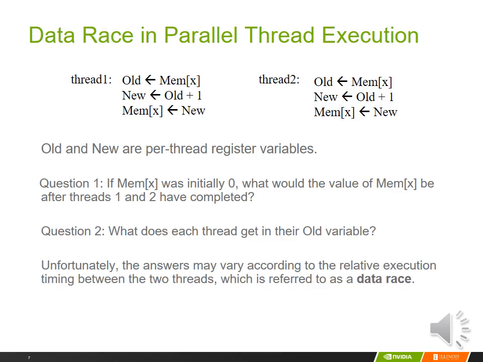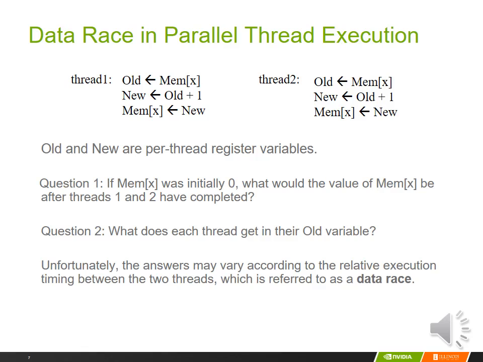One is, if the memory location value was initially 0, what would be the value of memory location X after thread 1 and thread 2 have completed? If the answer is 2, it's a good outcome. If the answer is other than 2, it's a bad outcome. The second question is, what does each thread get in their old variable?